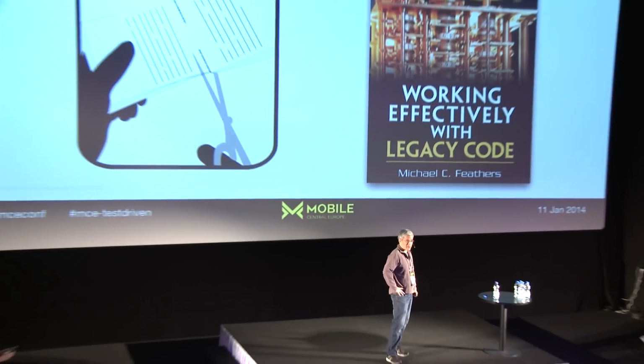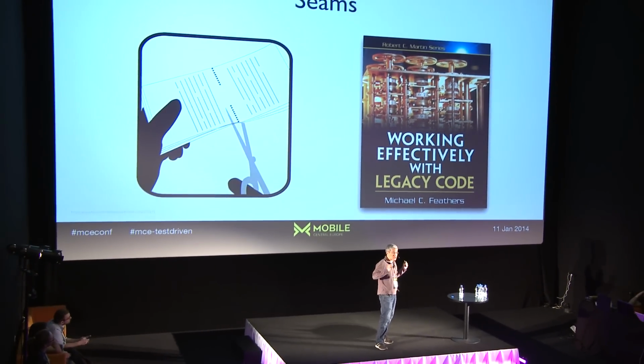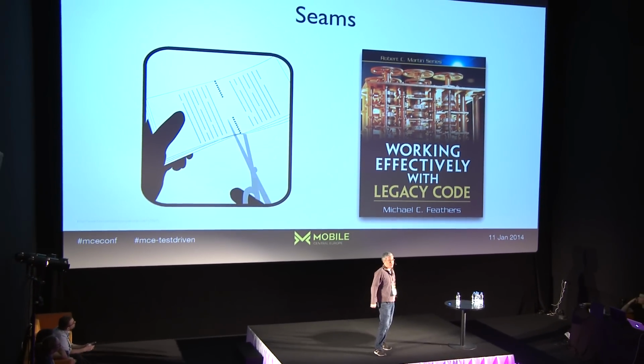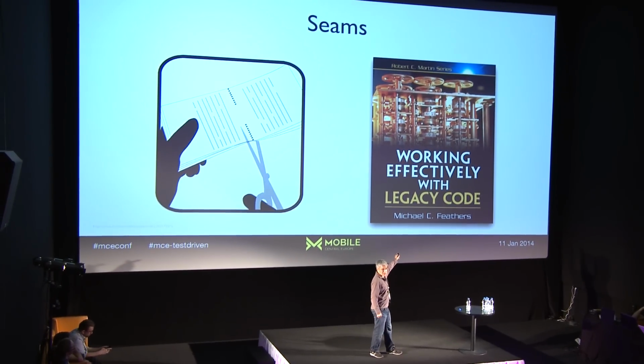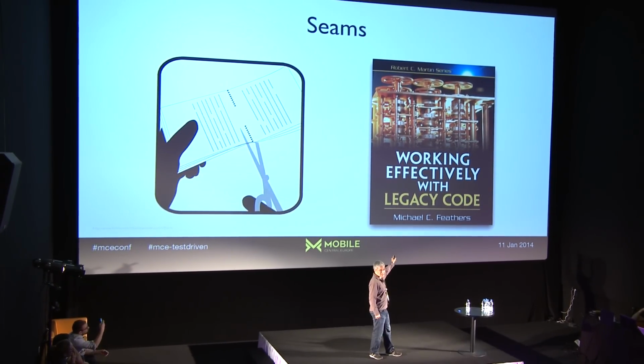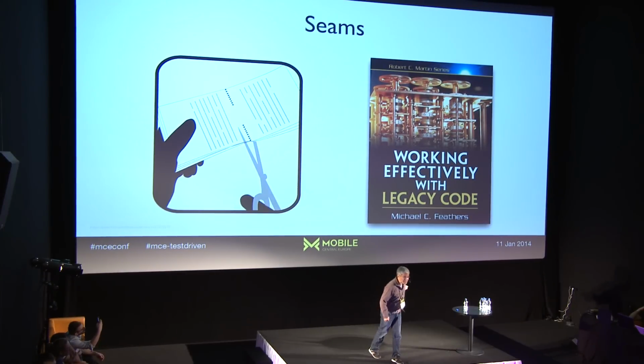You have to make some changes to your code, and I recommend this book very highly. This is one of the books that started me on this journey. Working Effectively with Legacy Code. The definition that Michael Feathers uses for legacy code is any code that doesn't have unit tests.